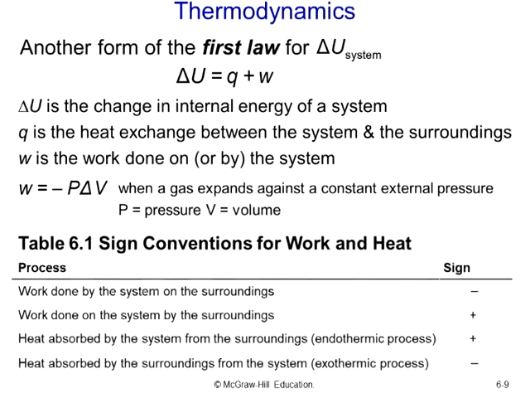This can be rewritten in the form of work equals minus P delta V, which is the form of the equation that we can manage under laboratory conditions.